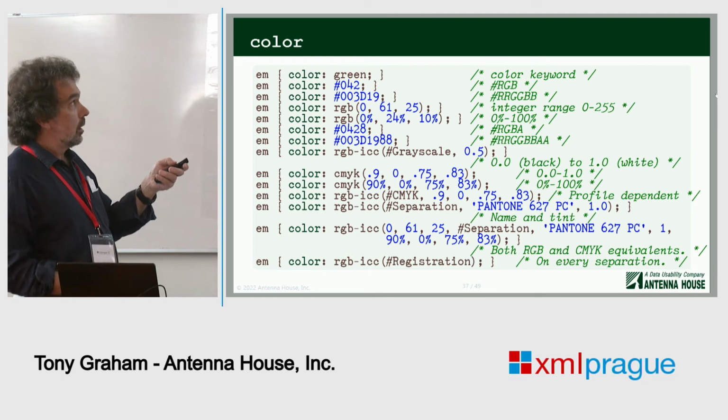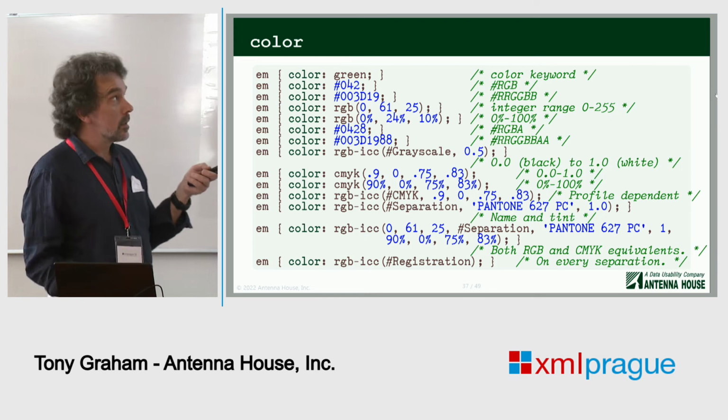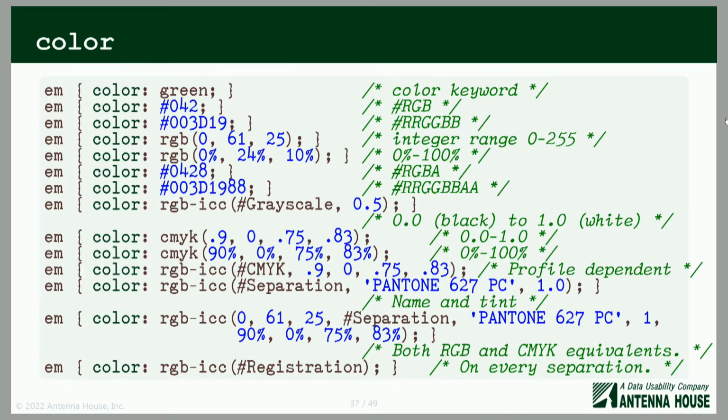There's an RGB function where you can specify the components as numbers or as percentages, and recent CSS has added colors with an alpha component, for colors with transparency, things that aren't completely solid colors.